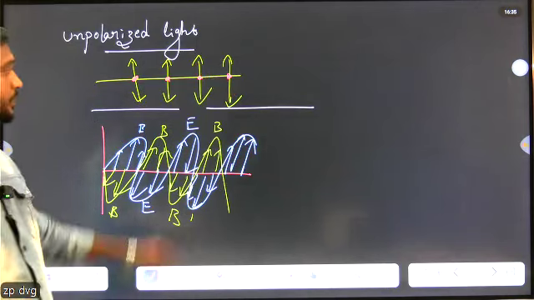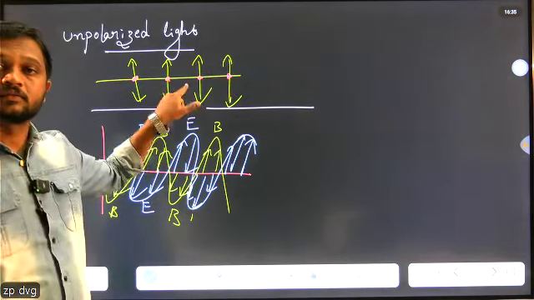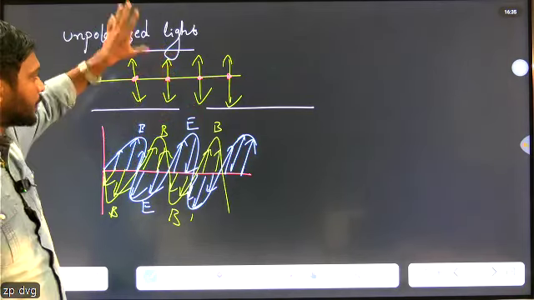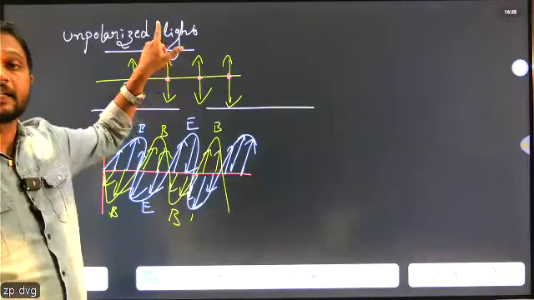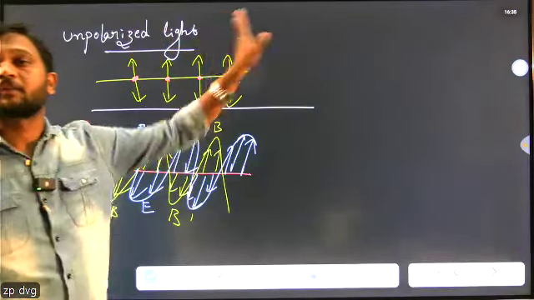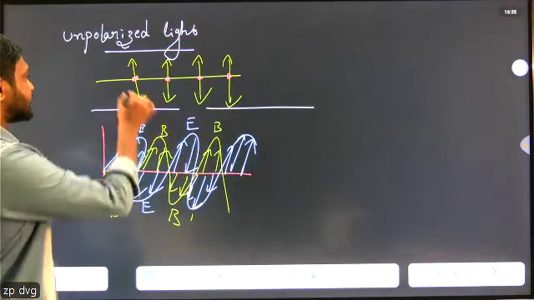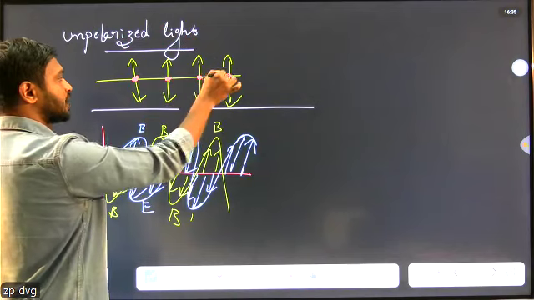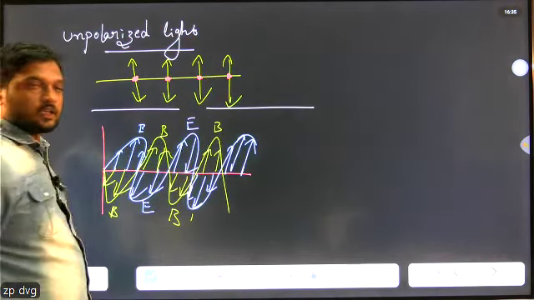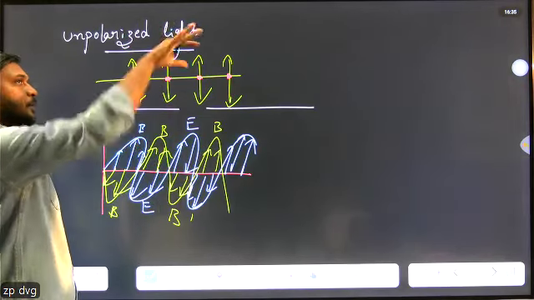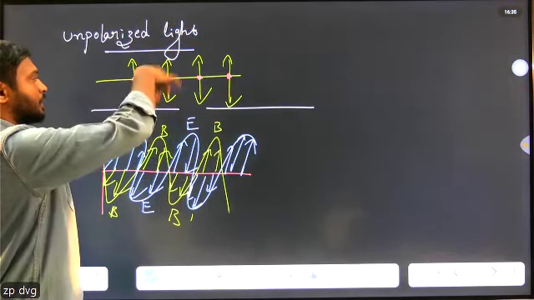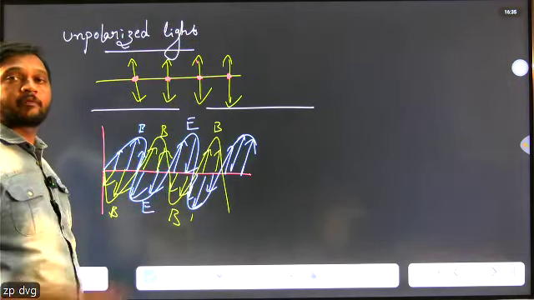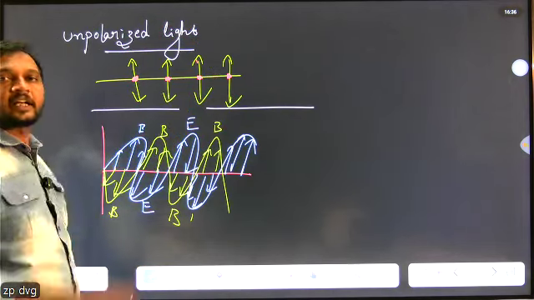Dot represents vibration of a wave perpendicular to the propagation of the wave, and the double arrow indicates vibration of a wave parallel to the direction of the wave.